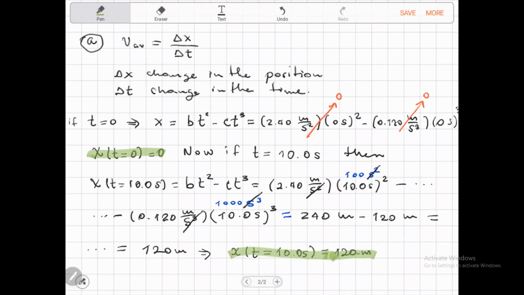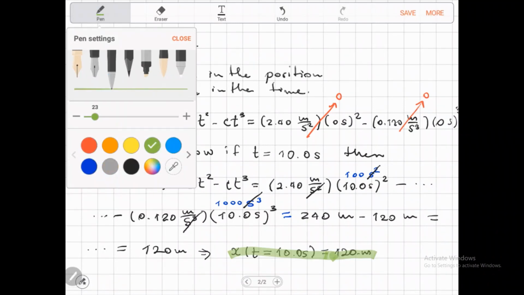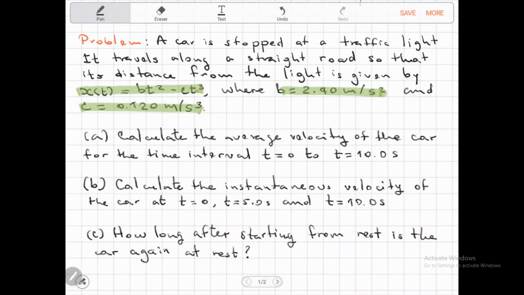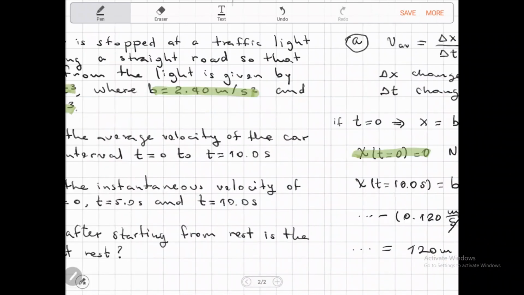Alright, so now we come back here to the problem. We have to calculate the average velocity of the car for the time interval between t equals 0 and t equals 10.